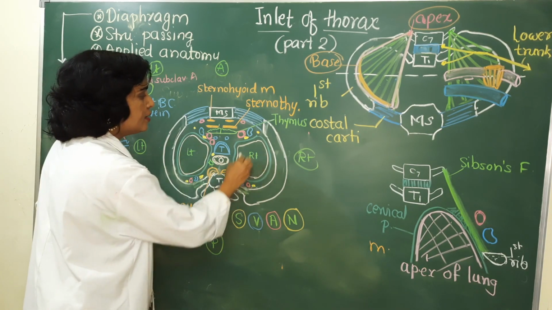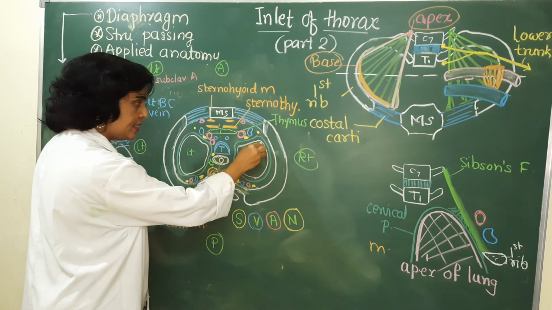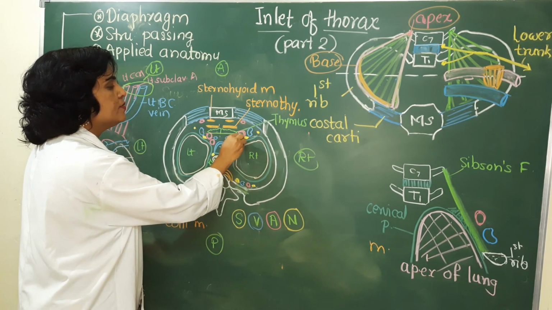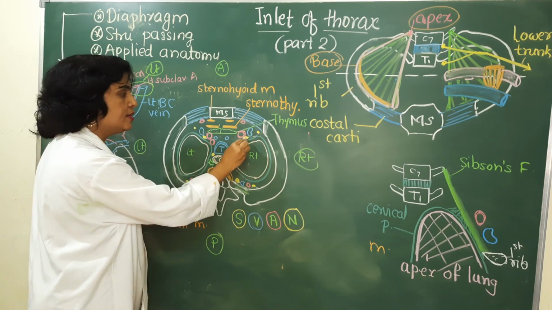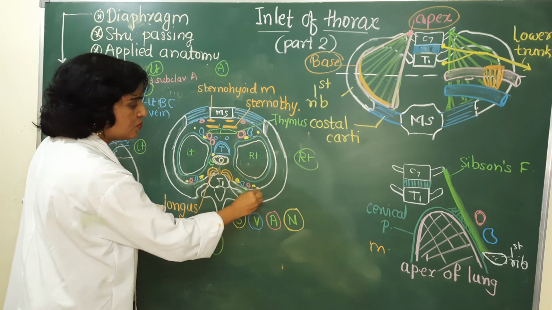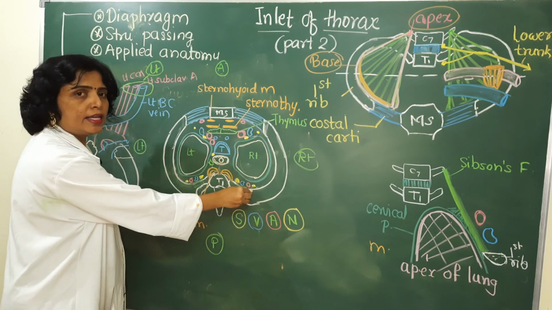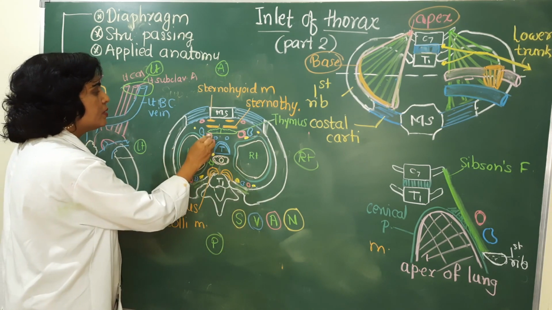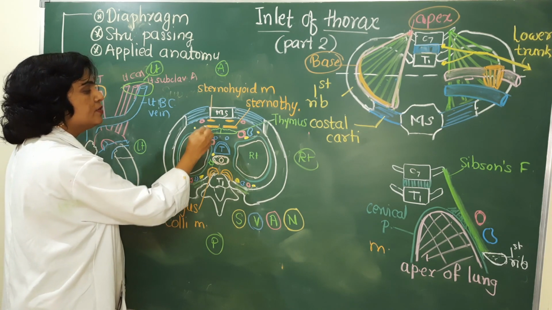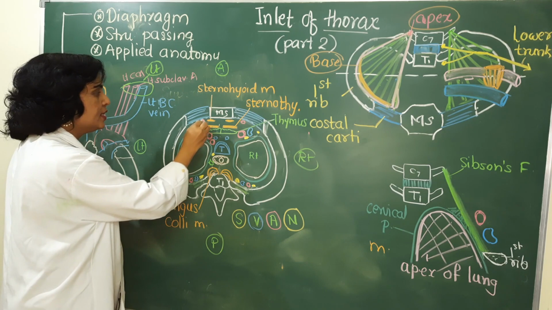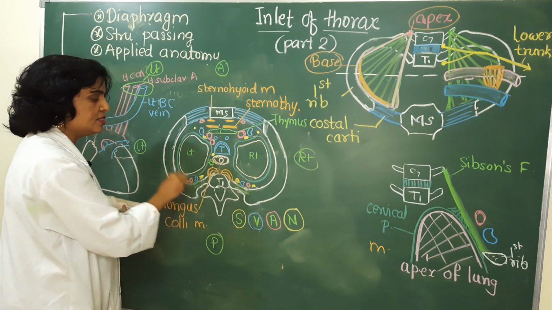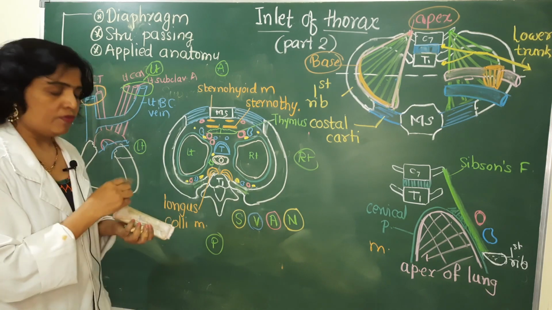On the left side you get the apex of the left lung, on the right side the apex of the right lung with the cervical pleura, brachiocephalic trunk, right brachiocephalic vein, right vagus, right phrenic nerve, right internal thoracic artery, and the SWAN structures near the neck of the rib. On the left side you get the left common carotid artery, left subclavian artery, left brachiocephalic vein, left vagus, left phrenic, left internal thoracic artery, thoracic duct, and the SWAN structures near the neck of the first rib.